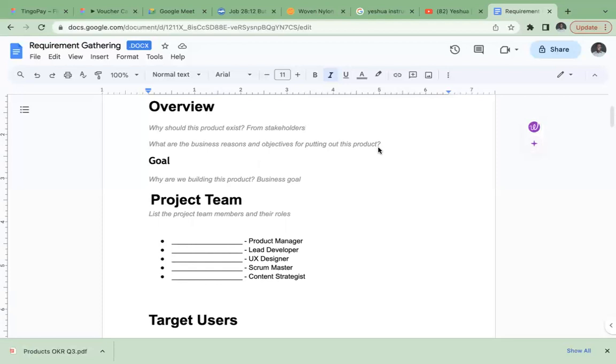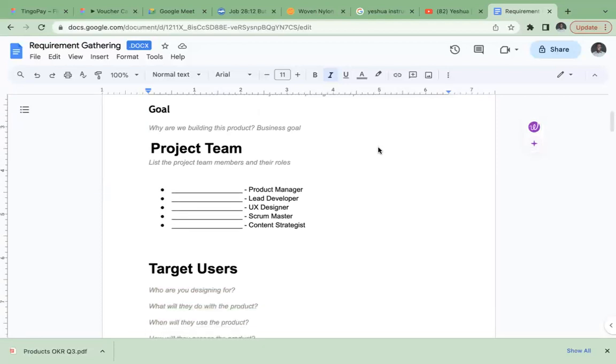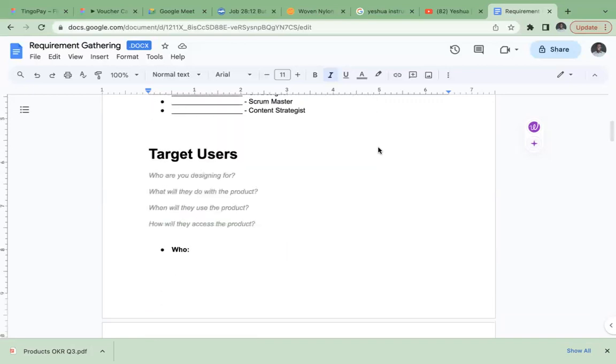If you have a goal that is not in your overview, then that means you are building two products. Do you understand? Yes. Okay. So your goal must be able to be found in your overview. Maybe not the business goal, but the overall goal.